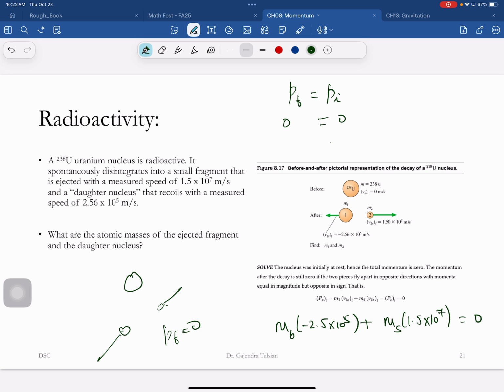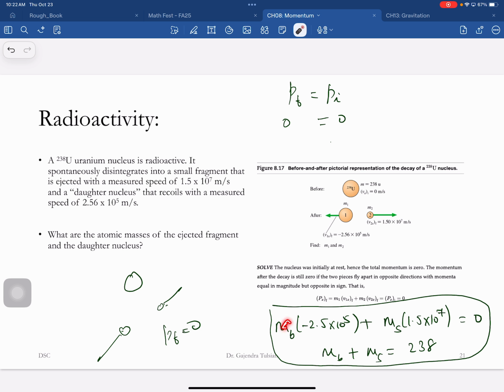And in addition, the mass of the big fragment plus the mass of the small fragment should equal 238 units, which was the starting mass. Between these two equations you have two unknowns, the mass of the big fragment and the mass of the small fragment. With two equations and two unknowns, you can solve for them.